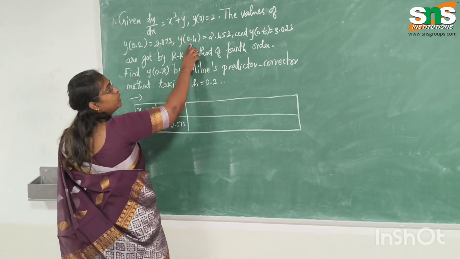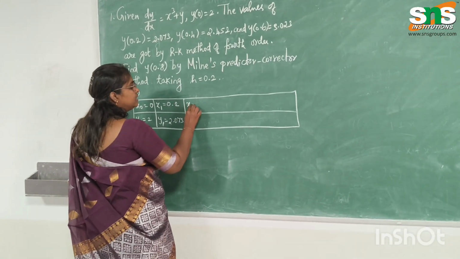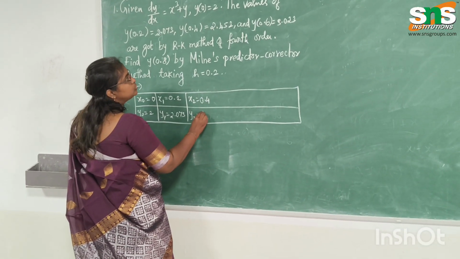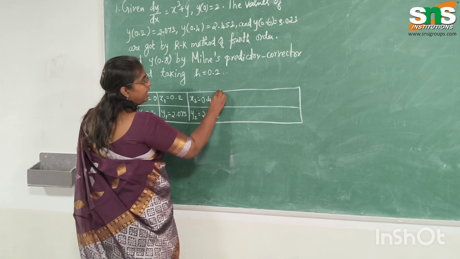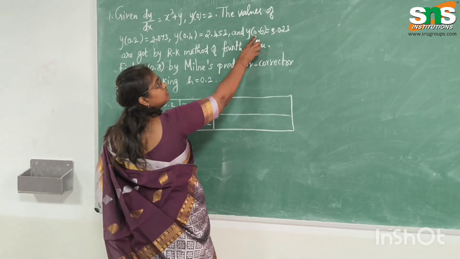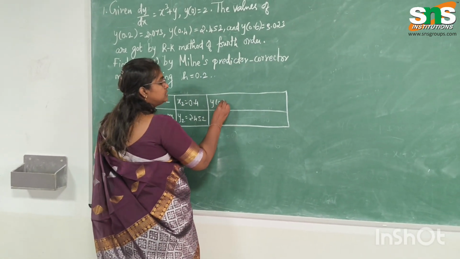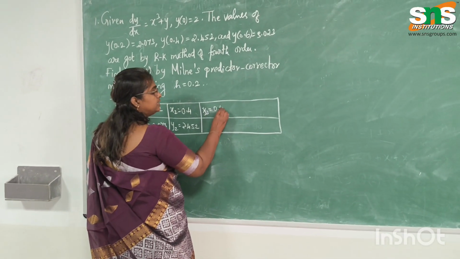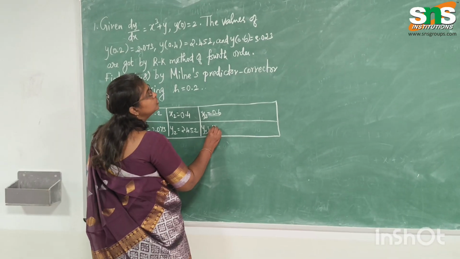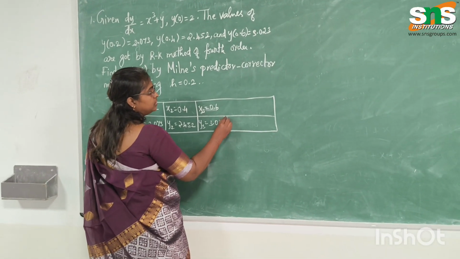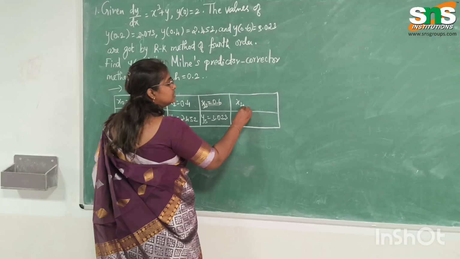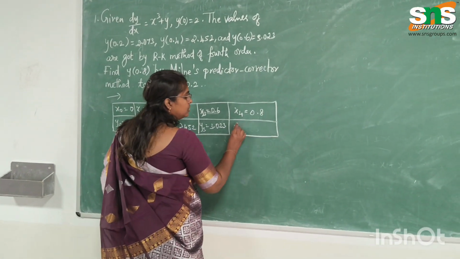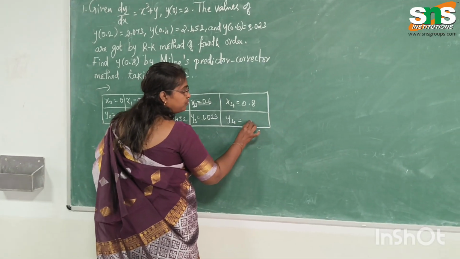The next value is y of 0.6: x3 equals 0.6 and y3 equals 3.023. And we want to calculate x4, that means 0.8. We want to calculate the y4 value.